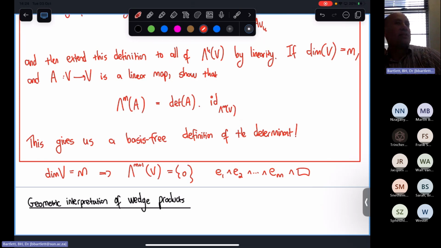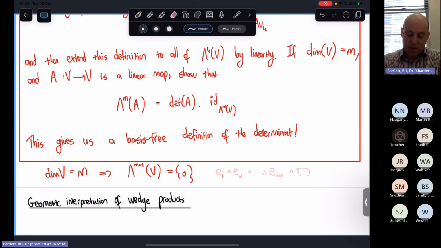Another way of saying it is that a wedge of k vectors is equal to 0 if and only if those vectors are linearly dependent. And in an m dimensional vector space, any collection of m plus 1 vectors is linearly dependent, so their wedge would be 0.